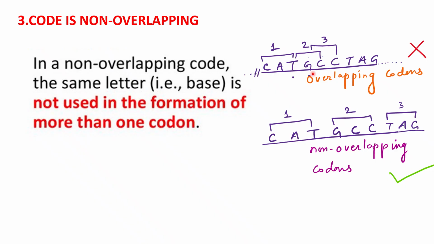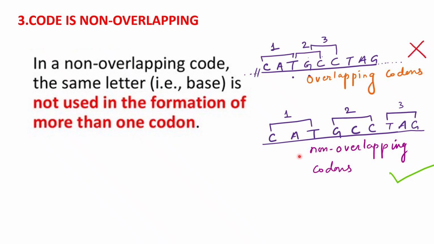And then you can see here GCC forms the third codon. So here G and C of the second codon are also part of the third codon. This is what we mean by overlapping. That means one base can be part of more than one codon. But this is not the situation.